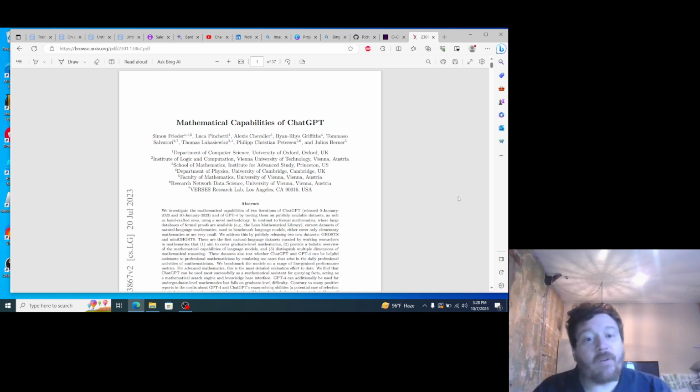The very first place that I start is there's a seminal paper currently regarding the mathematical capabilities of ChatGPT and LLM models, and the paper happens to be called The Mathematical Capabilities of ChatGPT, which makes it really straightforward.